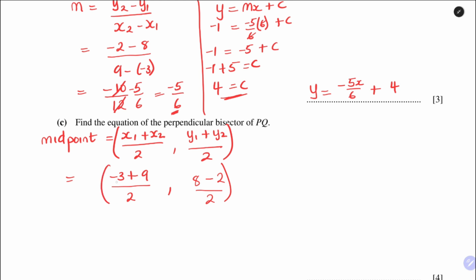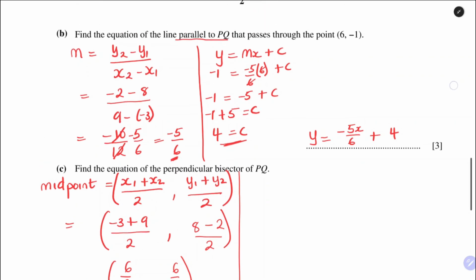So minus 3 plus 9 is 6 over 2, and 8 minus 2 is also 6 over 2. So our midpoint is 3, 3. Now we know where the line is going to pass through. It's going to pass through 3, 3.